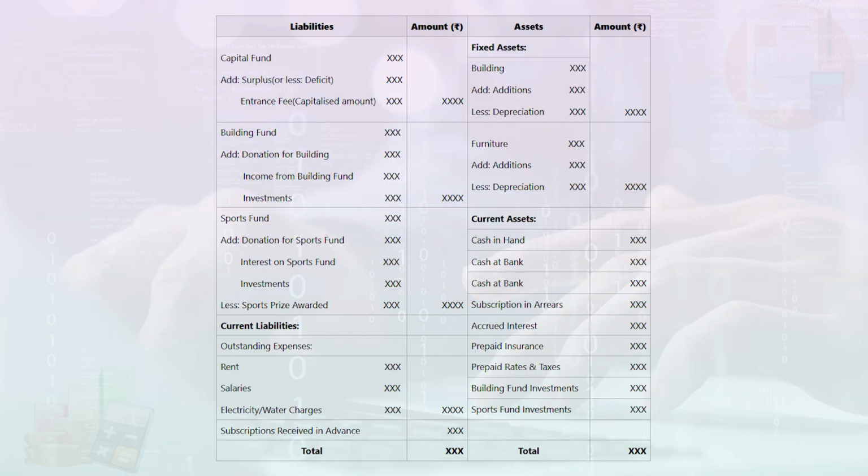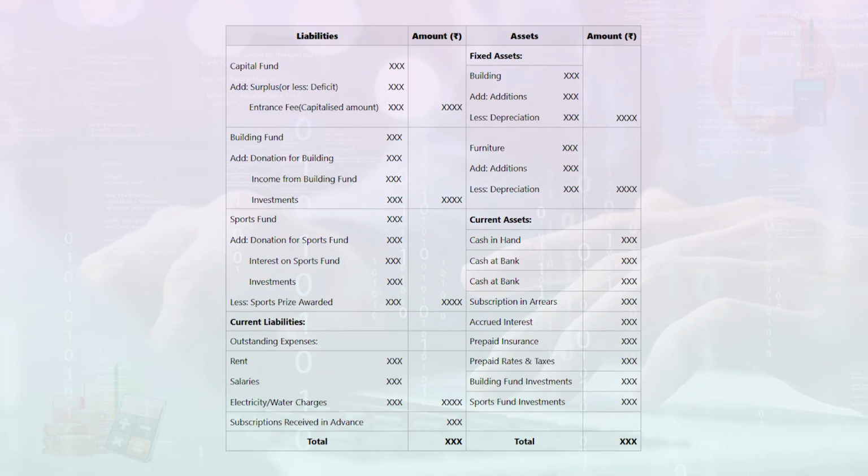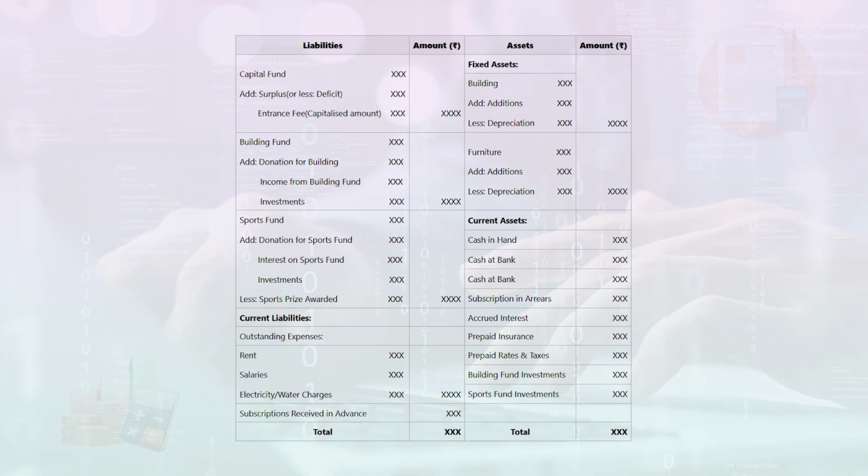Example: assets, income received in advance, income outstanding, prepaid expenses, outstanding expenses, payables and receivables, etc. The balance of the income and expenditure account, available in the form of excess of income over expenditure, is added to the capital fund on the liability side of the balance sheet, and the excess of expenditure over income is deducted from the capital fund on the liability side of the balance sheet.